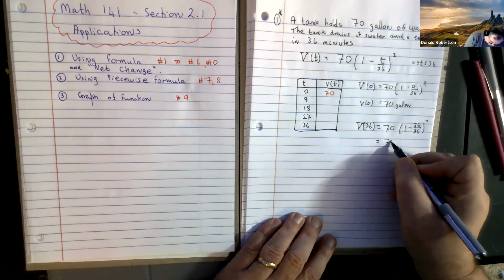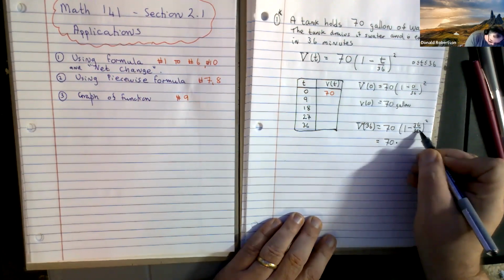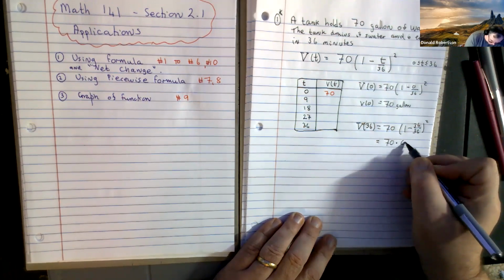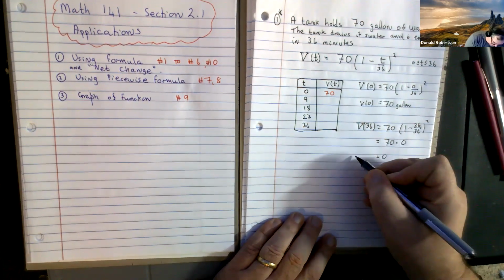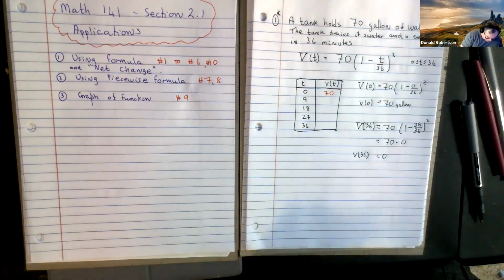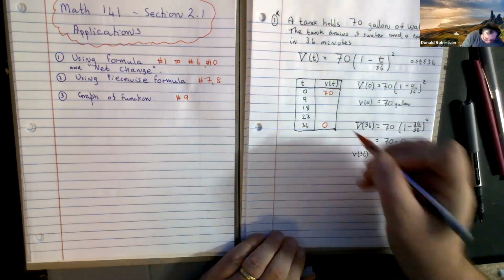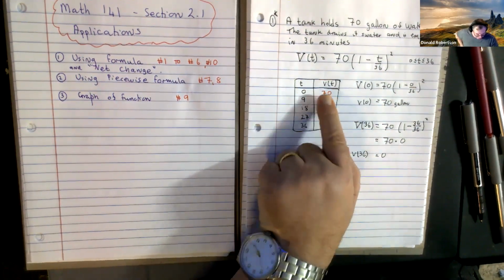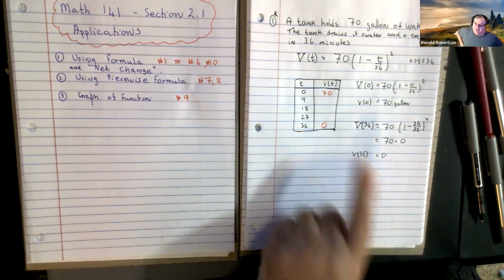Well, that's 1 take away 1, so that's 0. 0 squared gets you 0, and so, just as you'd expect, this formula stands up to experience. You start with 70, and 36 minutes later, it's empty.